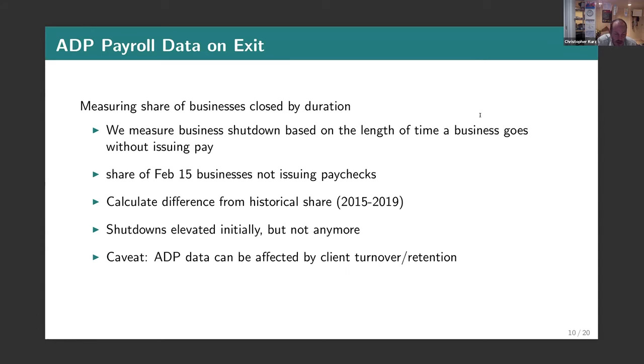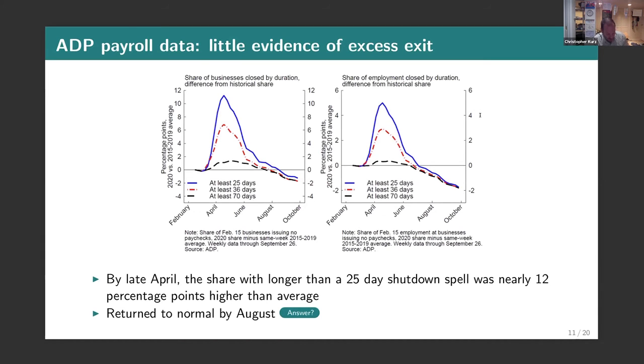And it's important to take away, and this was surprising when we first did this analysis in the middle of last year, that shutdowns were extremely elevated, but they quickly returned to normal. Let's look at pictures that make that point. So there's little evidence of excess exit. What we see here is essentially the deviation from the normal share of businesses that are not making payroll for different time periods, so 25, 36, and 70 days.